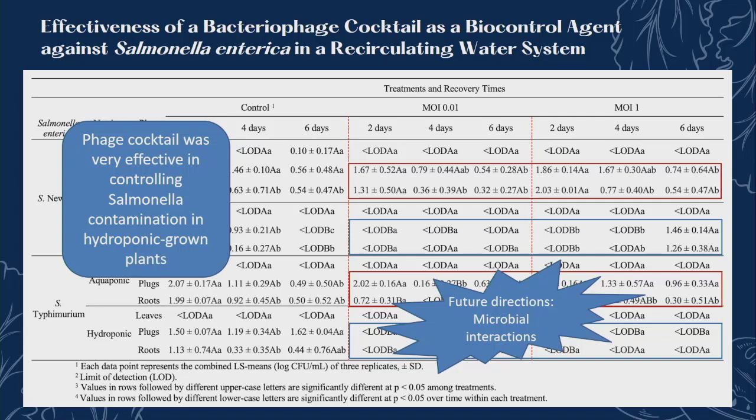This is something we need to be exploring, and it gave just a hint on what we could be doing for further studies. But I think it's still pretty interesting to see that, at least in the water, it is controlling Salmonella really well, and it could be an option in the future if growers are using this kind of system and they want a more sustainable approach to controlling Salmonella.